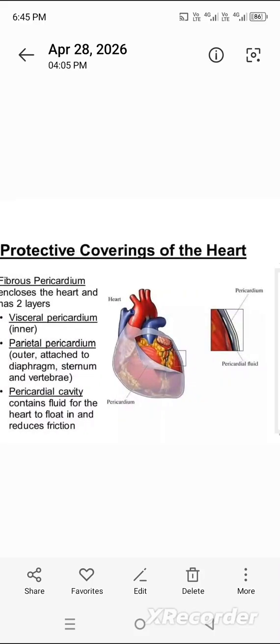Next, we can see the protective covering of the heart. So, the heart is covered by a fibrous pericardium, and it has two layers: visceral pericardium as well as parietal pericardium. So, visceral pericardium means the innermost layer, and the parietal pericardium is the outermost layer of the pericardium.